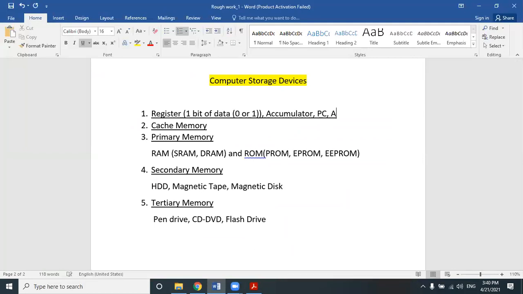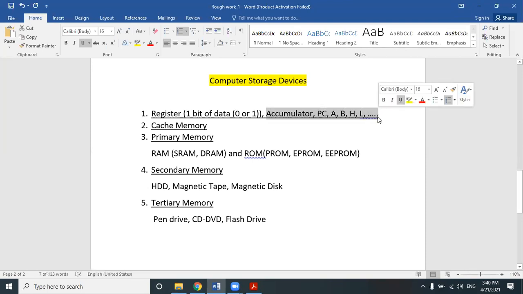Then A register, B register, H register, L register. Okay, so these are the various kinds of registers available. You will get the details about these registers when you learn the computer organization and architecture subject or the microprocessor subject. You will have to learn it very well.